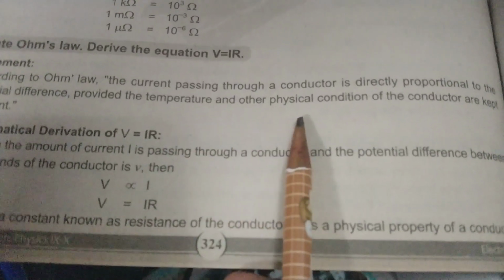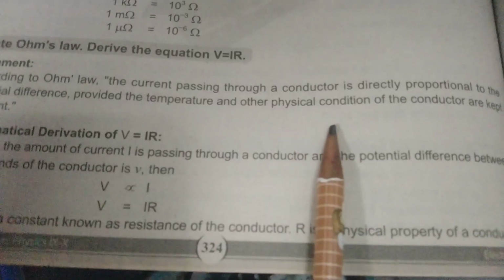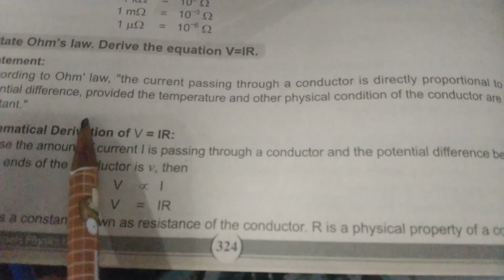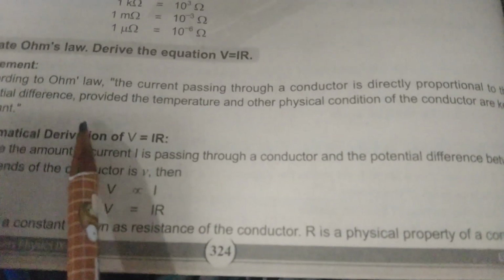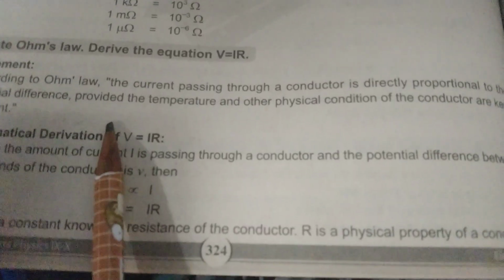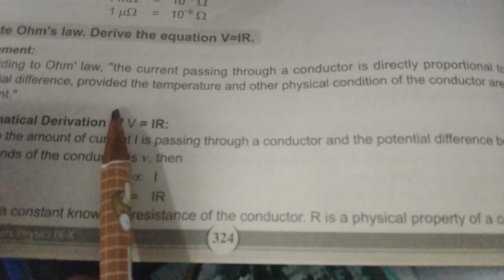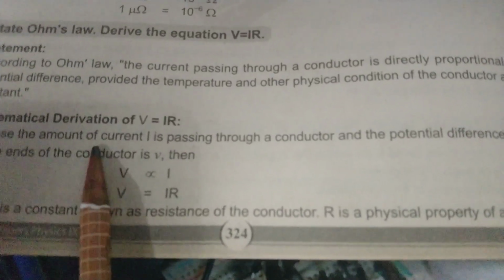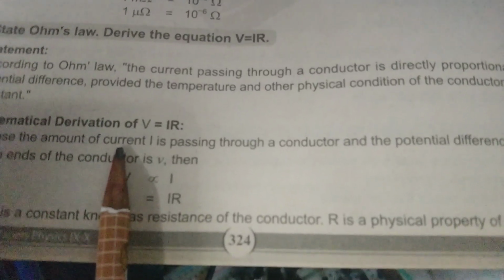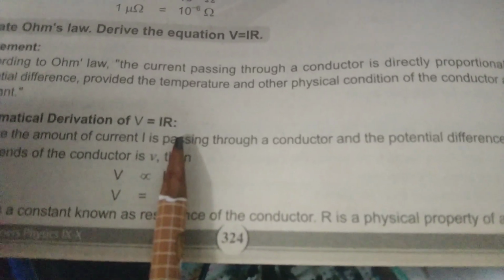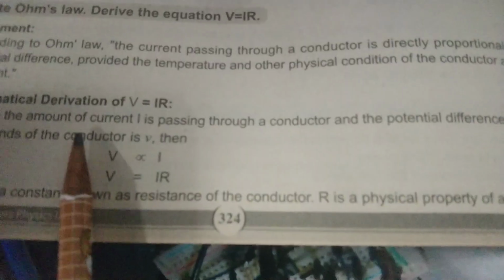So whenever current is passing through a conductor, it is directly proportional to potential difference, meaning transfer of energy, or the electrical charge difference between 2 points. For the mathematical representation, V is equal to IR.